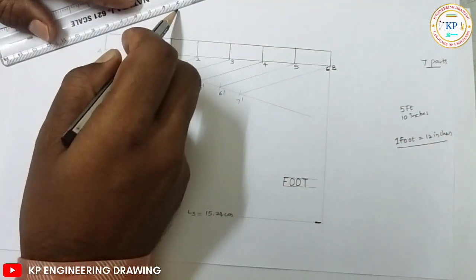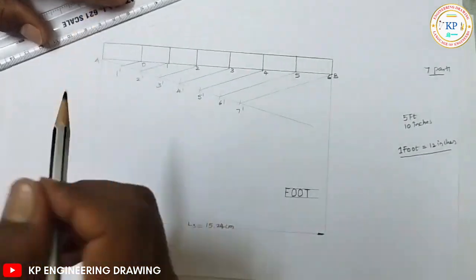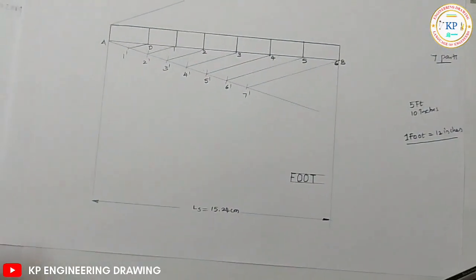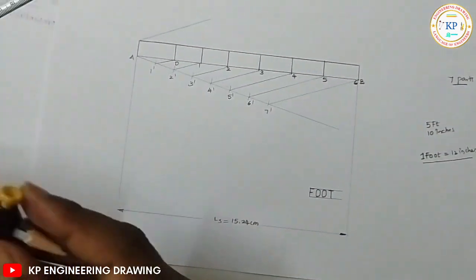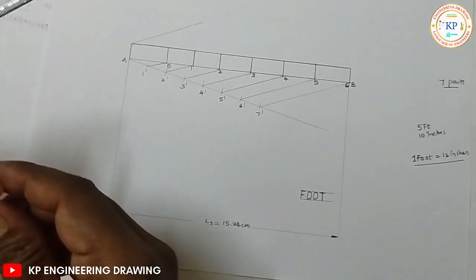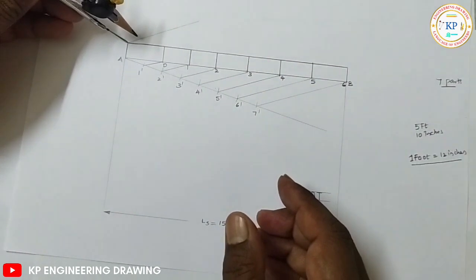Same procedure. Take a line at less than 45 degrees with the help of some convenient radius. You divide this line into 12 equal parts. Okay.